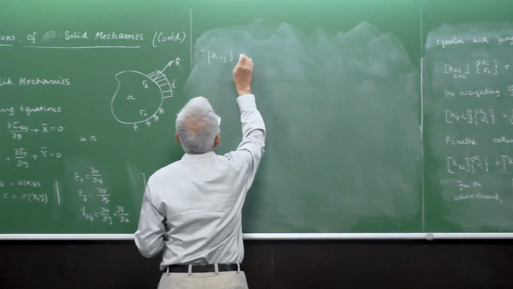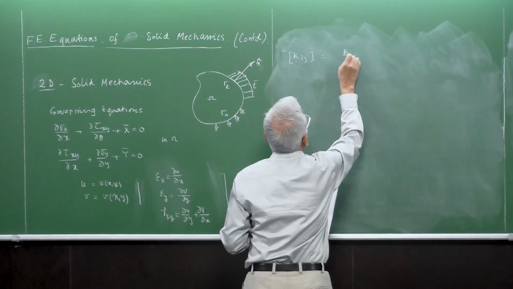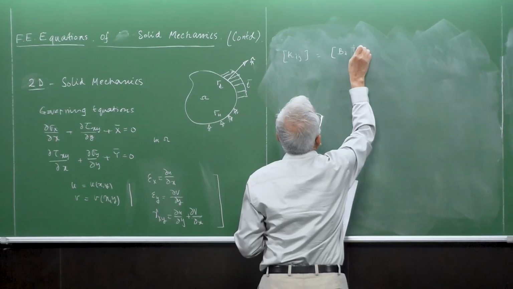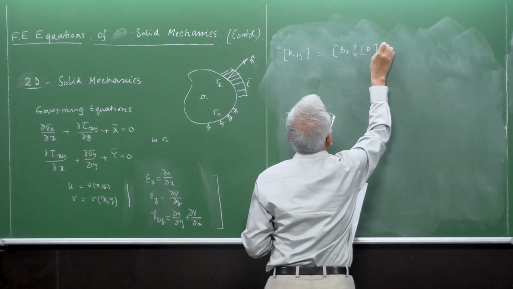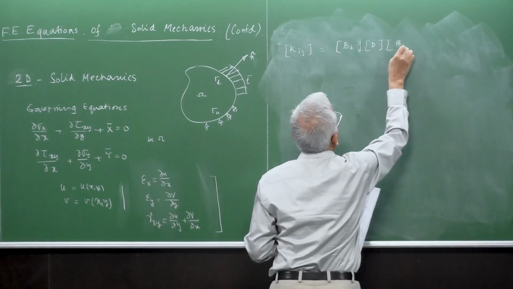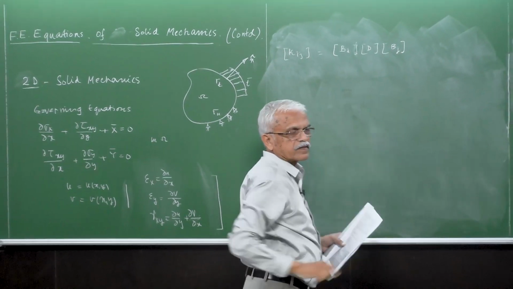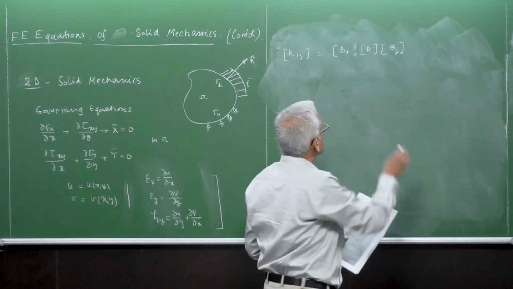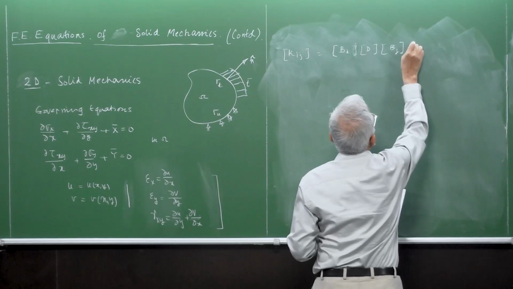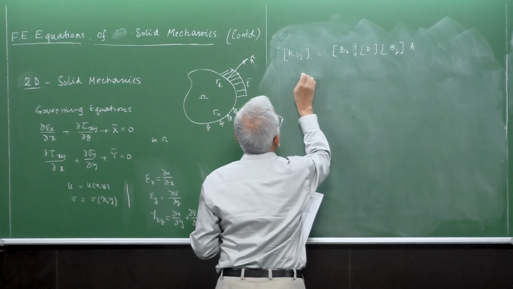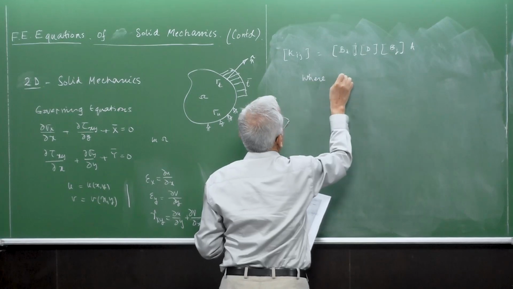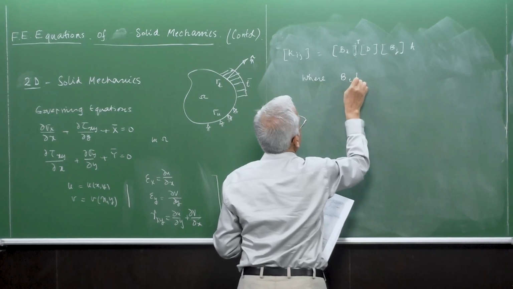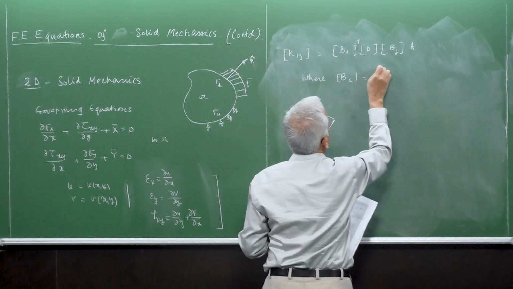So this is nothing but a B matrix and a D, and we have it in terms of Bi, 0, 0, Ci and Ci, Bi, times area. That's what is being written here, where Pi is nothing but this.